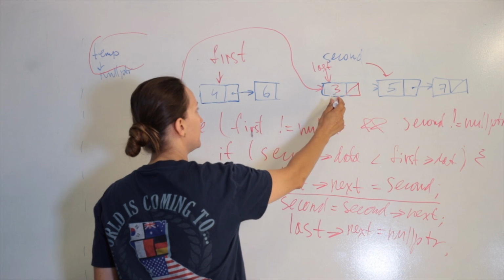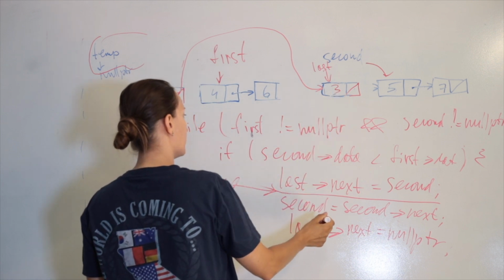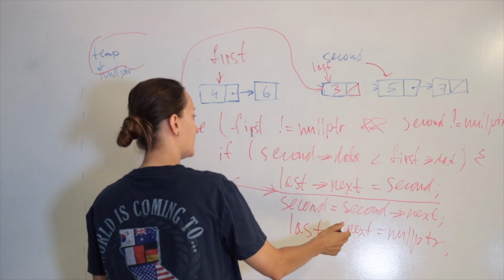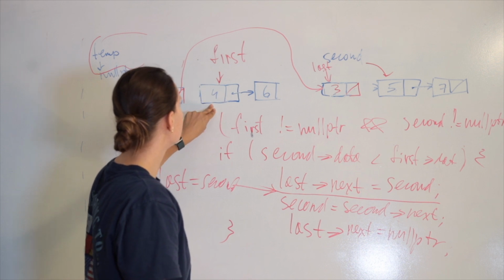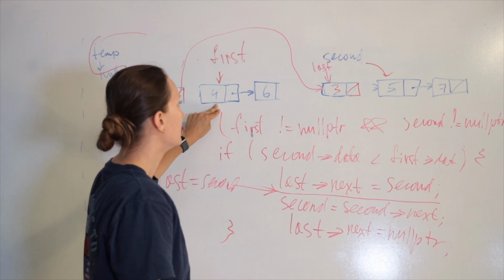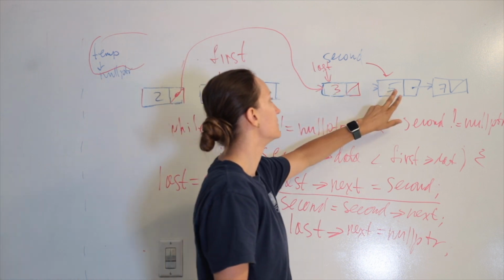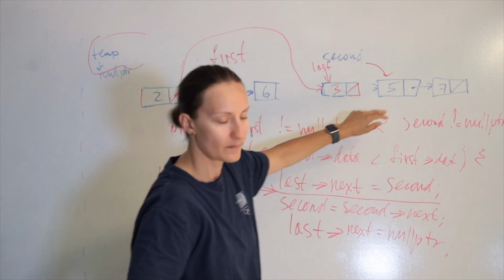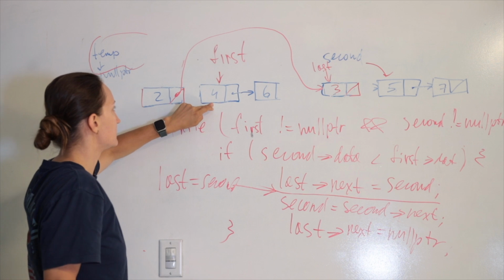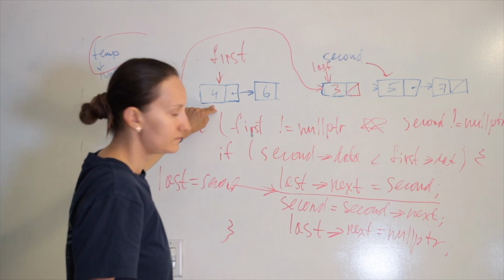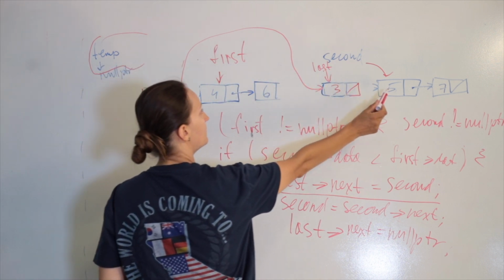After we've done that, we will continue to compare our data. If first data is less than second data. In this case, yes, first is less, 4 is less than 5.